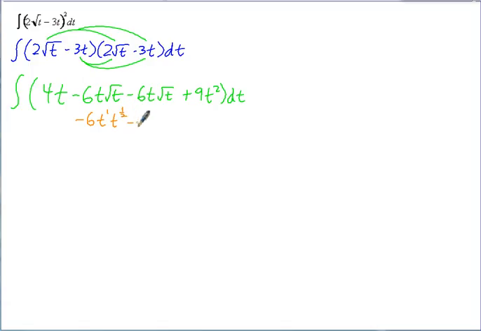And this is another negative 6t to the first, t to the 1/2. And if you multiply those together, remember you add the exponents. So that'd be negative 6t to the 3/2. That's 2/2 plus 1/2, minus another 6t to the 3/2. So when you combine those before we integrate, it's going to be 4t minus 12t to the 3/2, and then plus 9t squared.